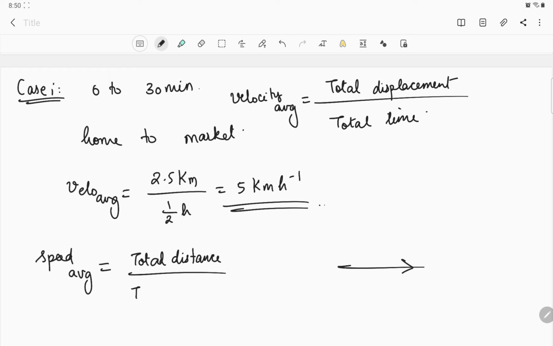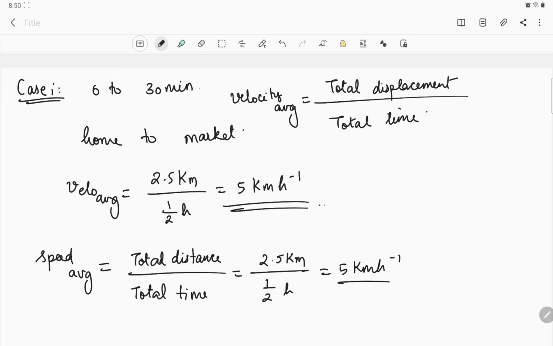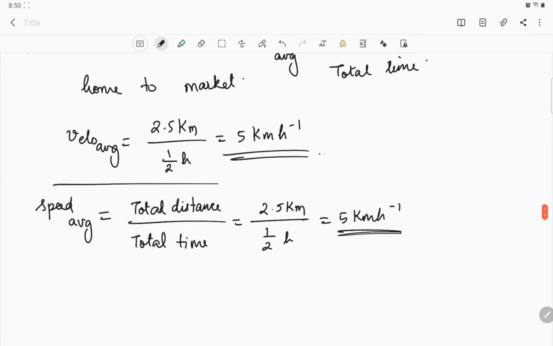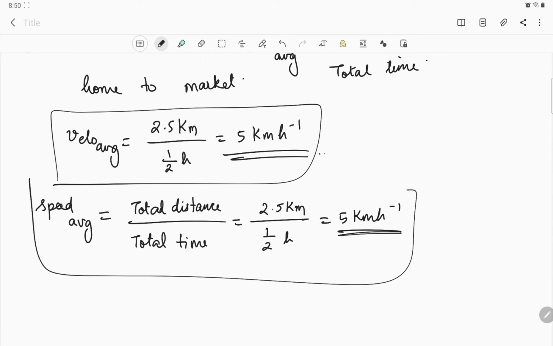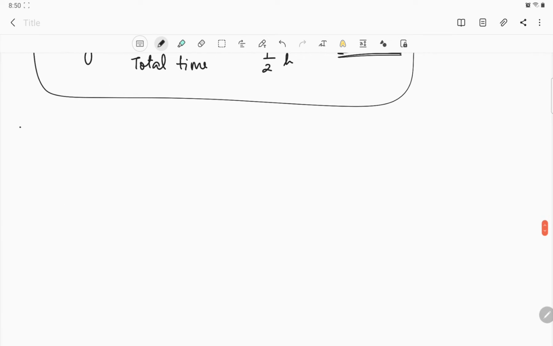Total distance by total time, which is also 2.5 kilometer divided by 1 by 2 of an hour. So here once again you're going to get 5 kilometer per hour. So both the speed and velocity average are going to be the same here, right? So this was case 1. Now what about case 2? In case 2, we have to find out the average speed and average velocity from 0 to 50 minutes.